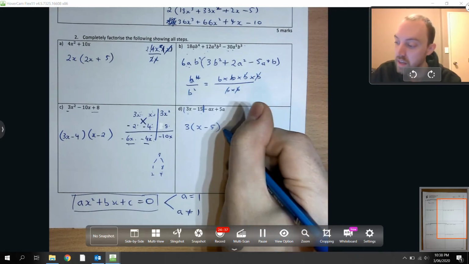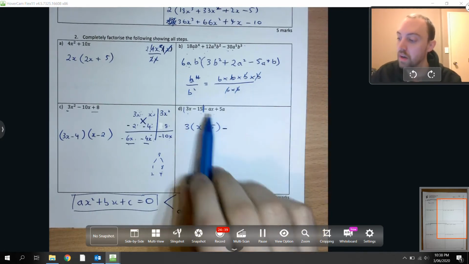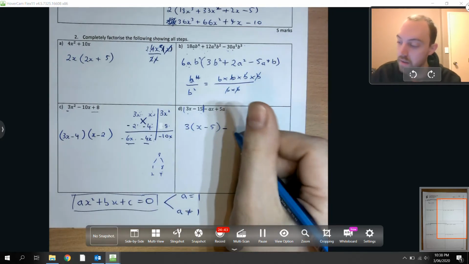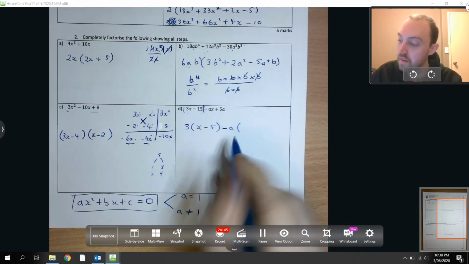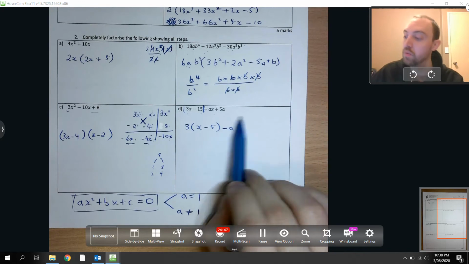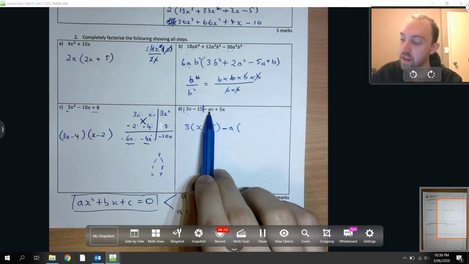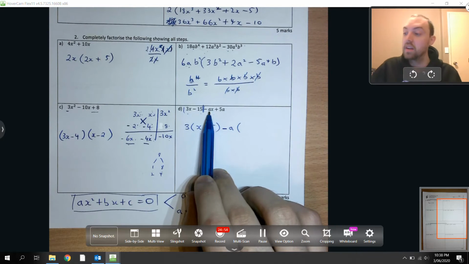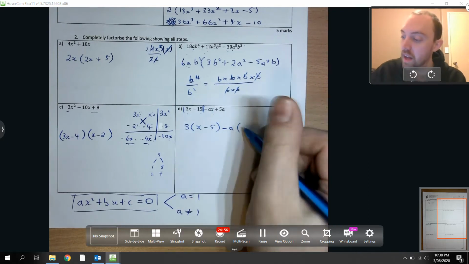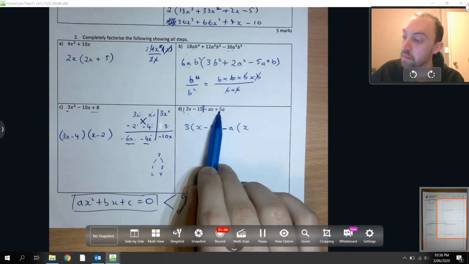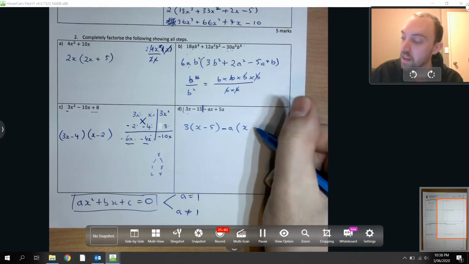If I have a negative, common factors of negative ax and positive 5a, I have a negative here that applies to both terms in the bracket. So I've got to divide. Negative ax divided by negative a leaves just positive x. Negative divided by negative is a positive. But positive 5 divided by negative a is negative 5.